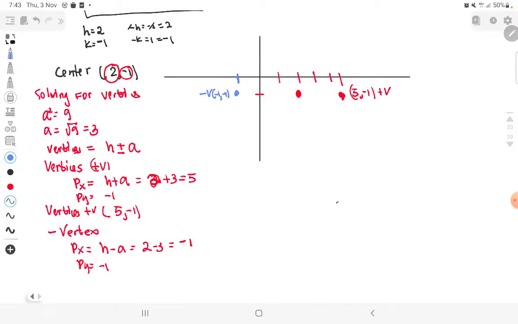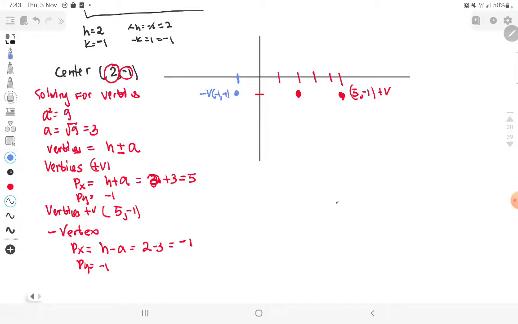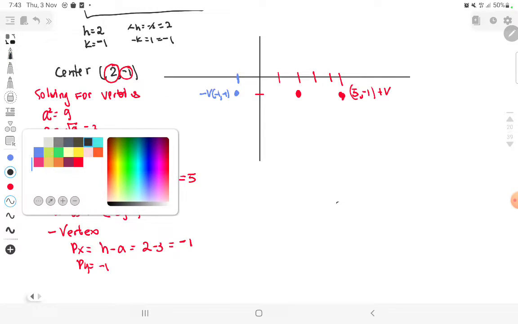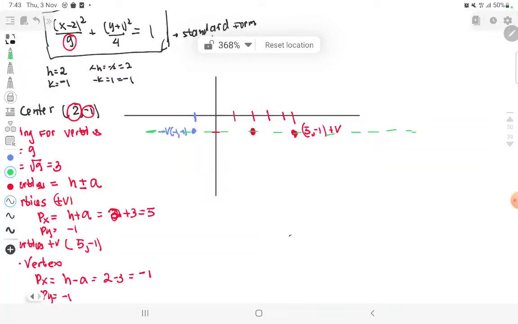Okay, then I will put my axis. Here I would use another color in order to identify the major axis. Okay, this is our major axis and my minor axis at the center.